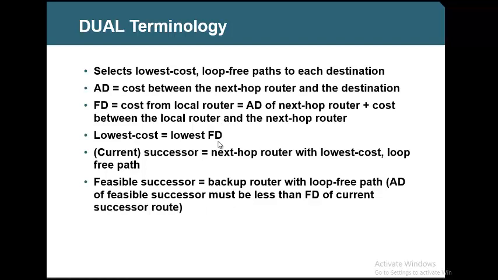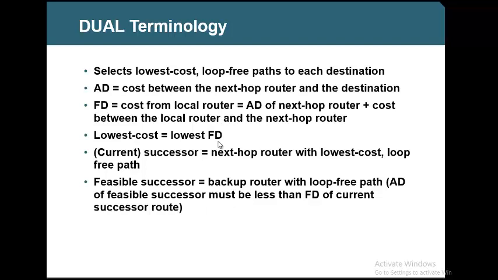I want to ask you a question. Yes, go ahead. When you have multiple paths, each path is going to have one FD, isn't it? One feasible distance. Correct. Now, the lowest FD is what is considered the lowest cost, isn't it?